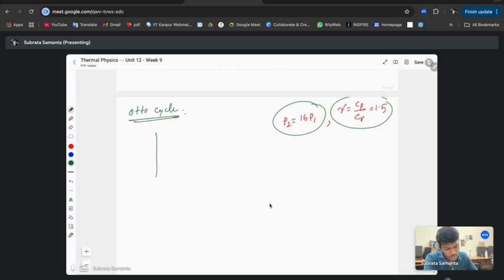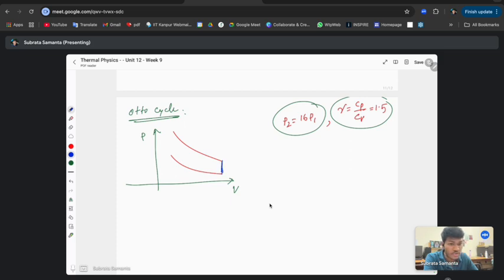Basically you have a PV plane. The Otto cycle is basically two adiabatics and two isochoric processes. In the PV plane, this is an adiabatic, very steep, and this is another adiabatic, and there are two isochoric processes.